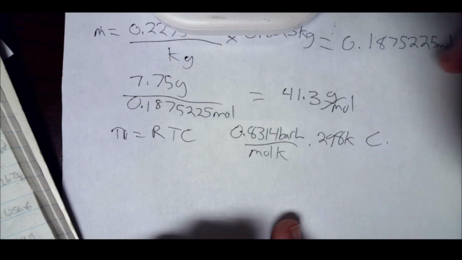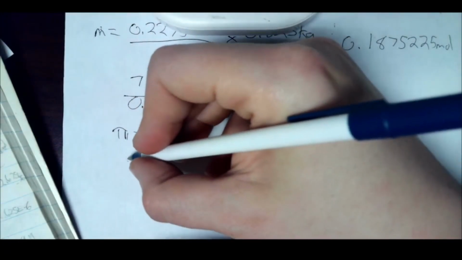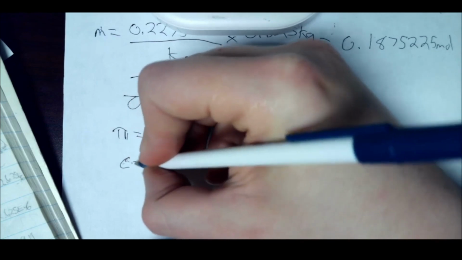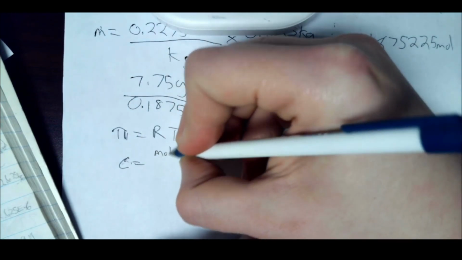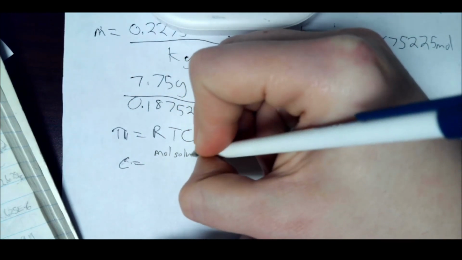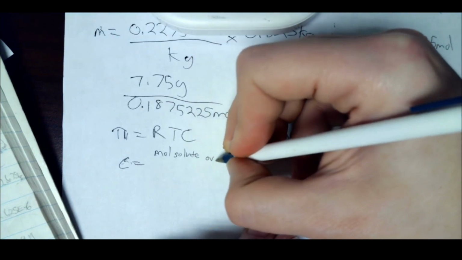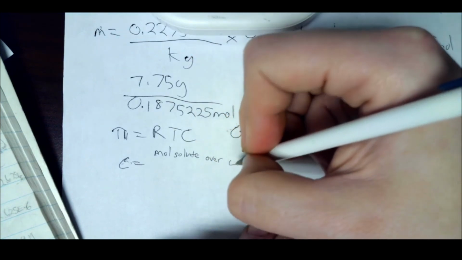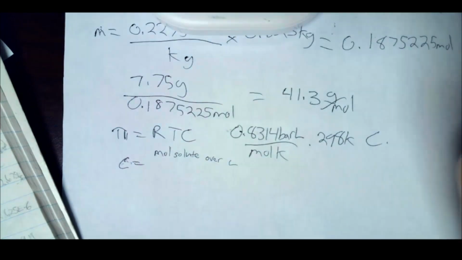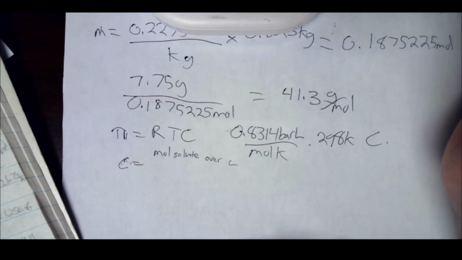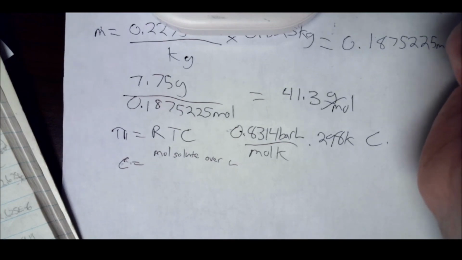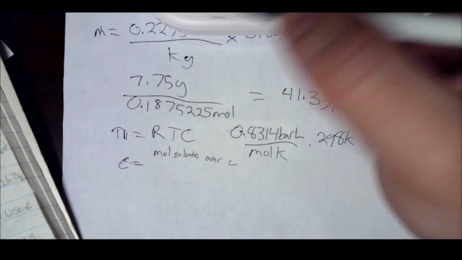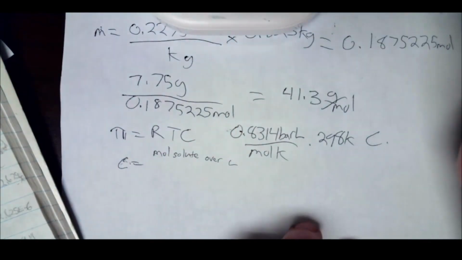So the brilliant thing is we've just figured out the moles. The molar concentration is moles of solute over liters of solution. So we've been given the density of benzene. We're going to have to make some assumptions that the density of benzene doesn't really change with the added 7 grams of solute.